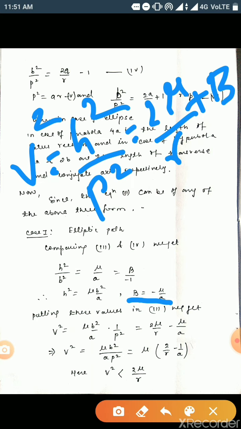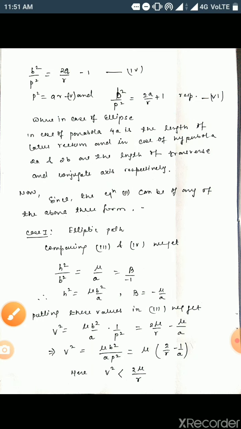In place of b, we have put minus mu by a. This implies v square equals mu b square by a p square equals mu into 2 by r minus 1 by a. And here v square is less than 2 mu by r.